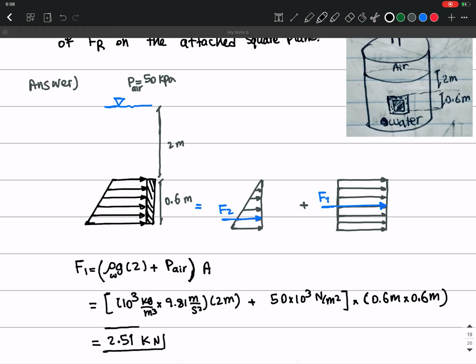Okay, so this is the magnitude of force 1 here.